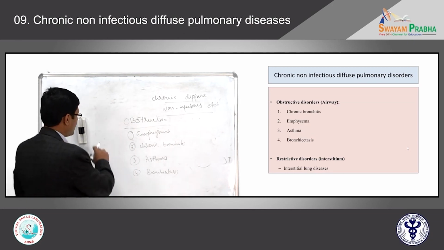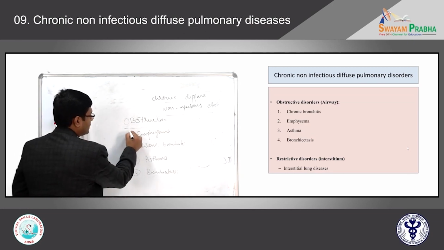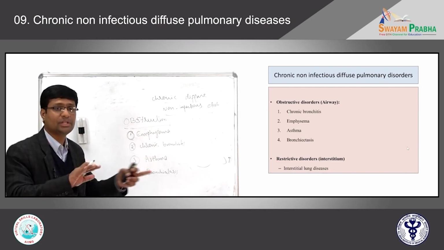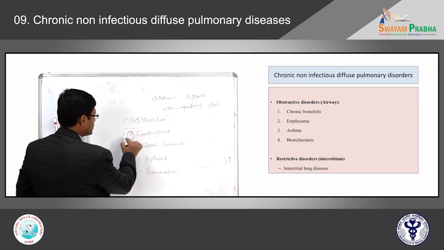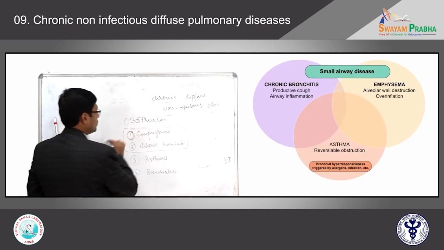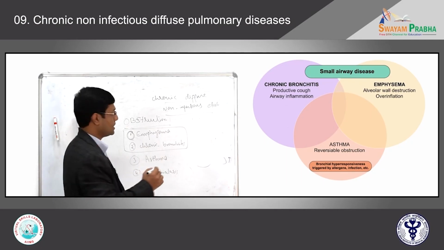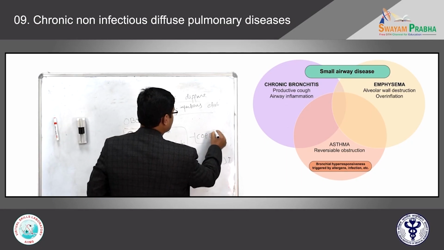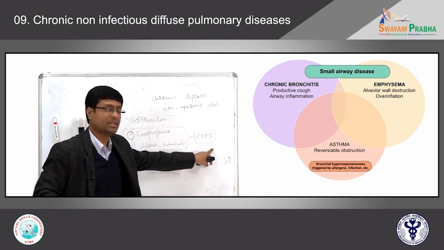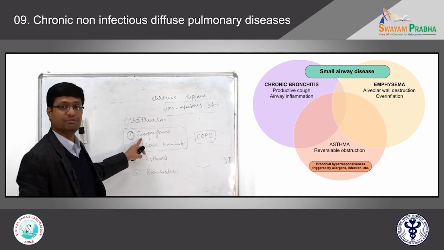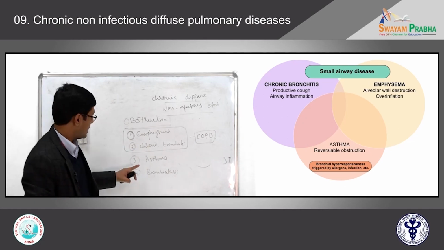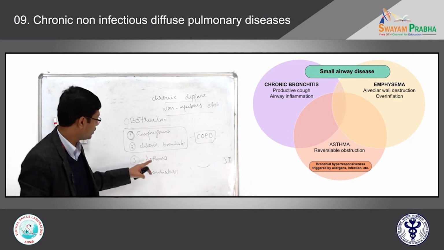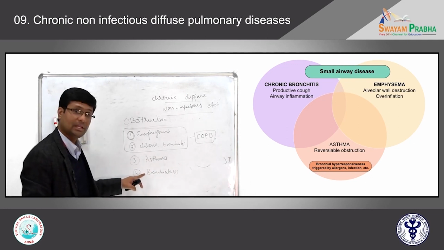Especially emphysema and chronic bronchitis usually overlap. Hence, together we call it chronic obstructive pulmonary disease, that is called COPD. It includes both emphysema and bronchitis. Asthma and bronchiectasis are kept separately, and we will be talking about these 2 entities in the next class.